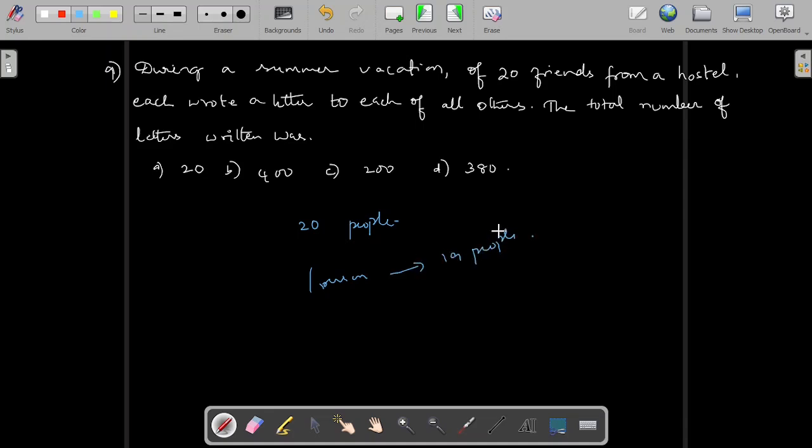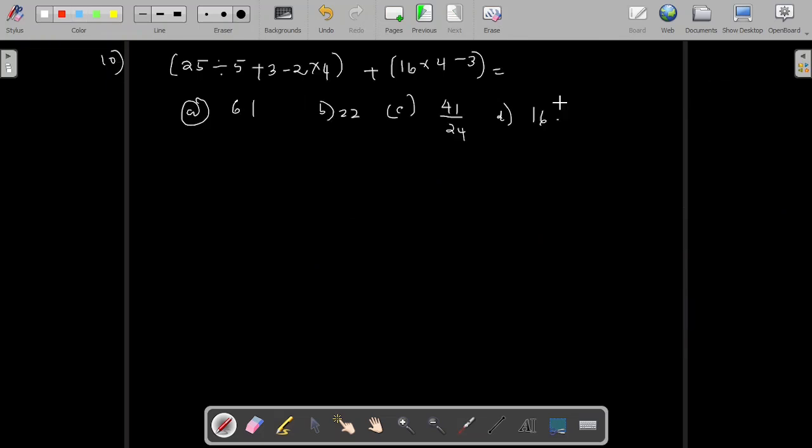Totally there are 19 letters from one person. Therefore, total 20 people write how many letters? Total number of letters is equal to 20 into 19, that is equal to 380. Therefore, there are totally 380 letters.